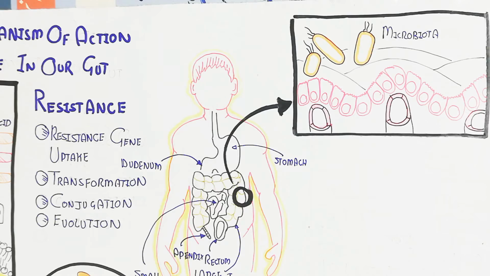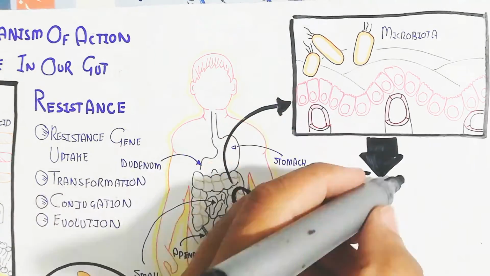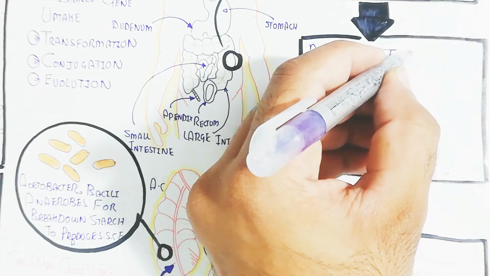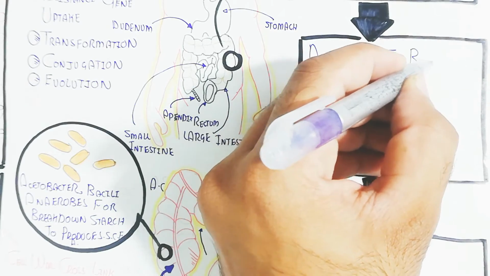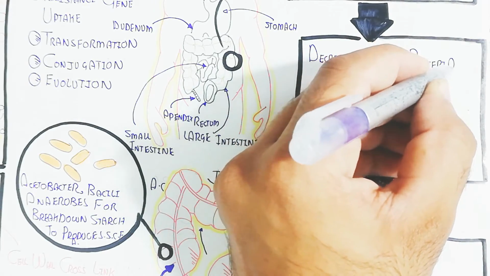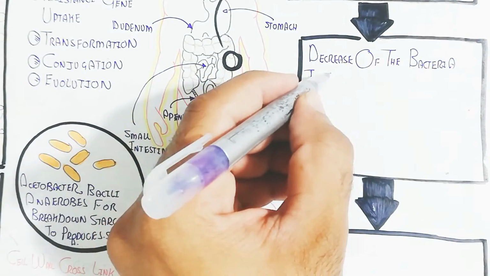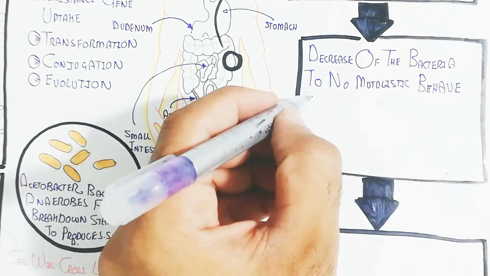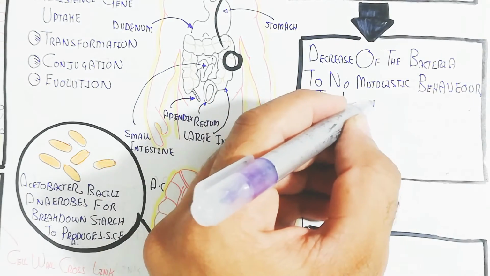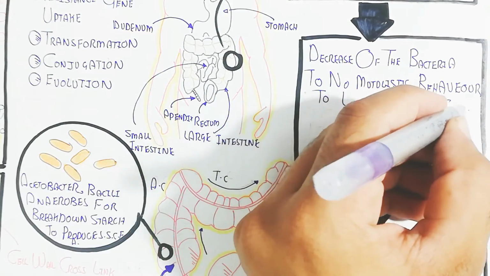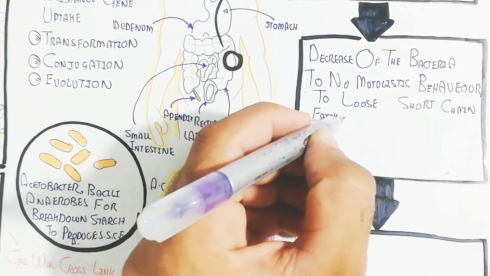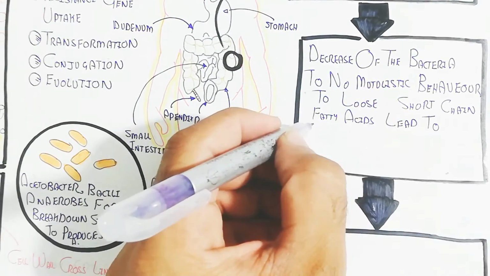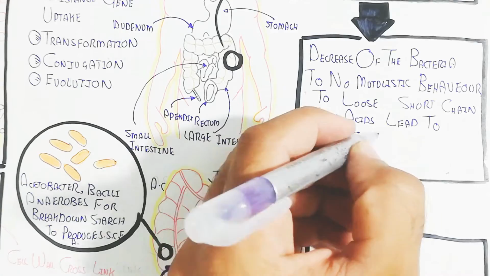In this way, the short chain fatty acid will not be produced, because it is very important, and vitamin K also, and the other ketones production will be inhibited in this way. So decrease of the bacteria leads to no mutualistic behavior, loss of short chain fatty acid and other ketones and other things, and leads to defecation of the resistant starch and defecation of vitamin K and production as well as other things.